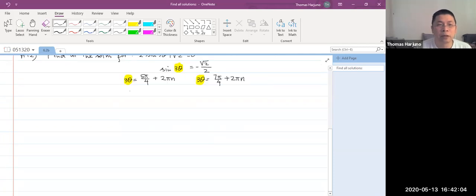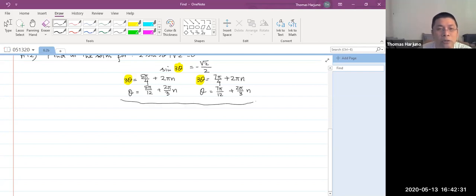Divide by 3: theta equals 5 pi over 12 plus 2 pi n over 3. Theta equals 7 pi over 12 plus 2 pi n over 3. Actually, we are done here. That's the general solution.